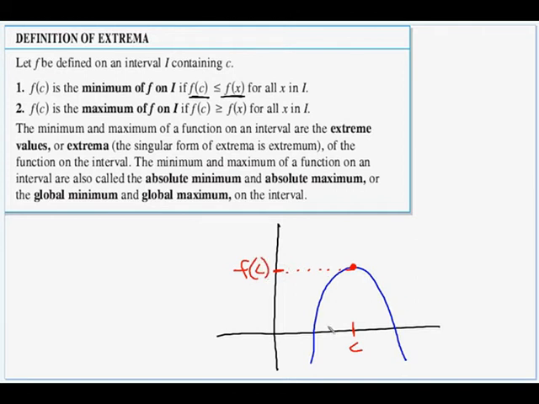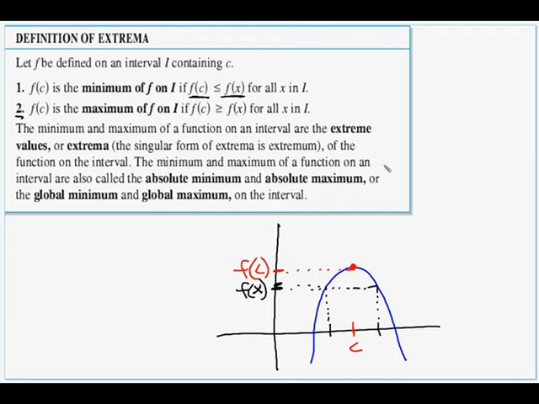If we pick other values around c, and let's say this one goes up to the function and over, that value is less than f of c. Same here. This value is mapped over to the y-axis. If we come back up here to number 2, f of c is a max if f of c is greater than all other f of x's. Well, here we can see that f of c is going to be greater than these other values of f of x.